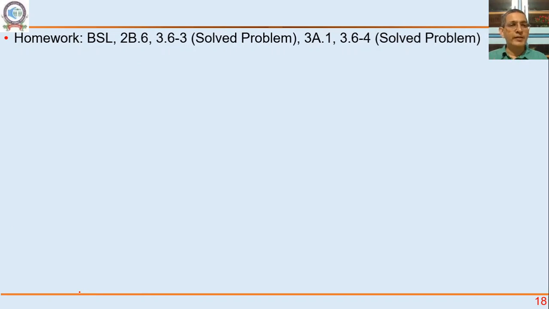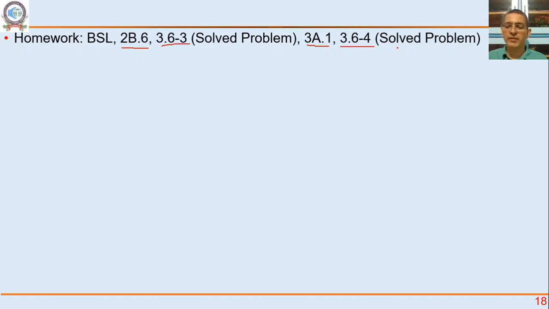So based on all this, now homework for you from Bird, Stewart and Lightfoot's book, Transport Phenomena. Solve problems 2B.6, an unsolved problem in the exercises at the end of chapter 2; 3.6-3, a solved problem; 3A.1, an unsolved problem; and 3.6-4, a solved problem.